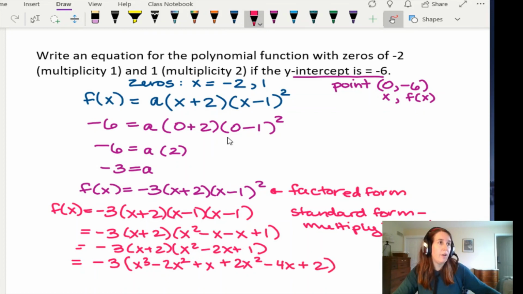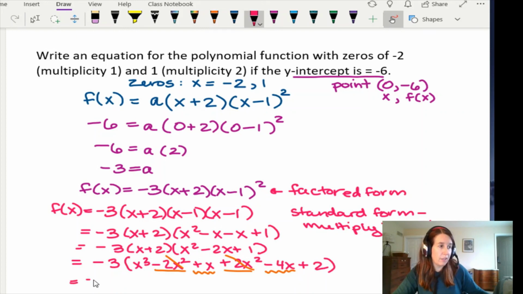Okay, and now I'm just going to highlight which my like terms are. So I have a negative 2x squared and a positive 2x squared. So those actually will cancel out each other. And then I have a plus x and a minus 4x. Those are the only like terms I see.